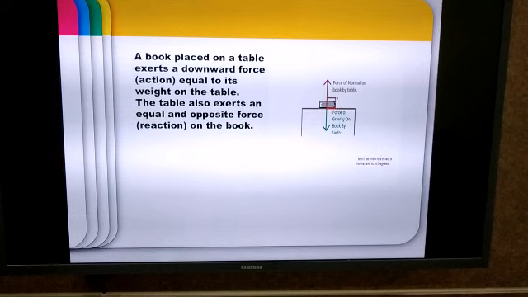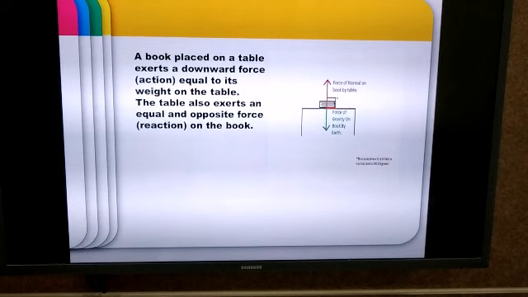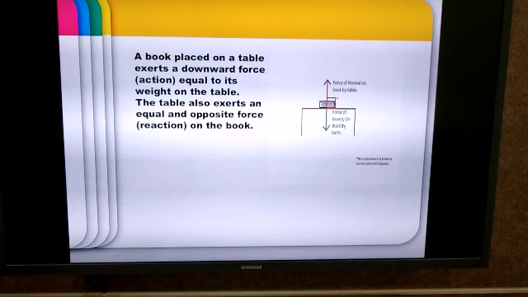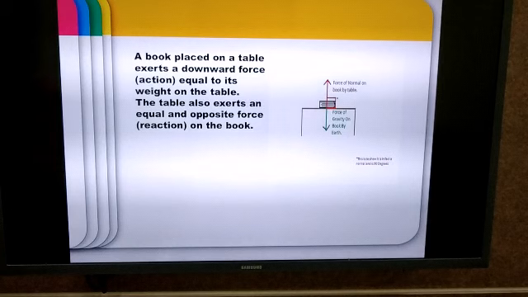But the forces are acting in opposite directions. One force is acting in the downward direction. The force of reaction is acting in the upward direction. So what happens because of this? Though the forces are equal in magnitude and opposite in direction, they do not cancel each other. Why? Because these two forces are acting on two different objects.